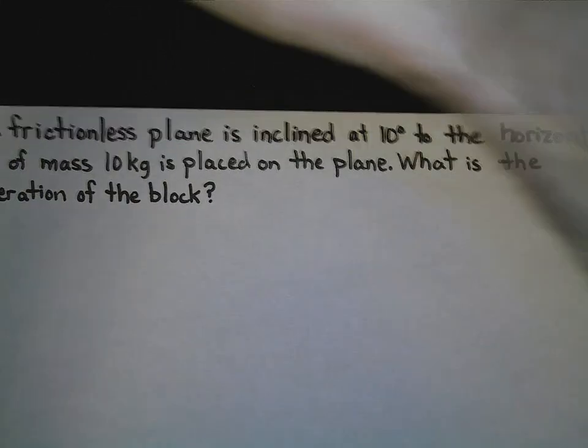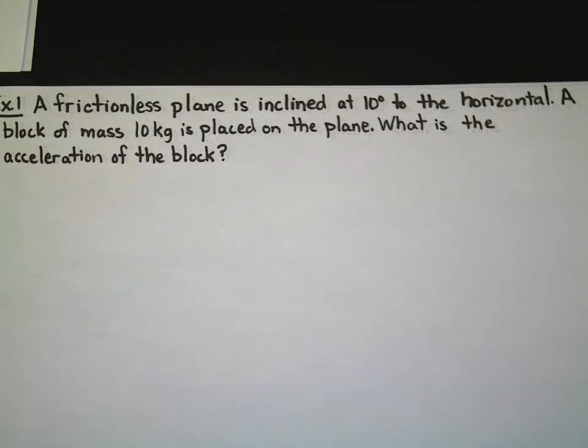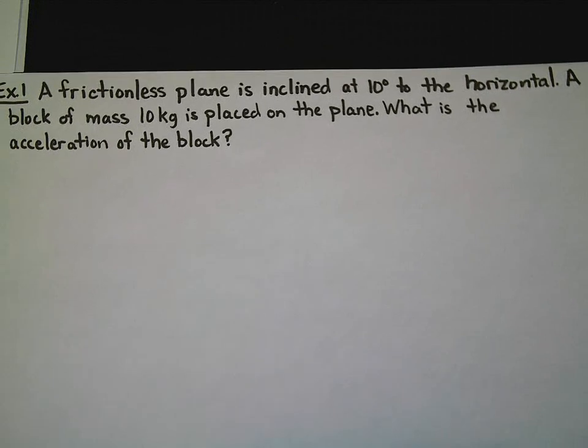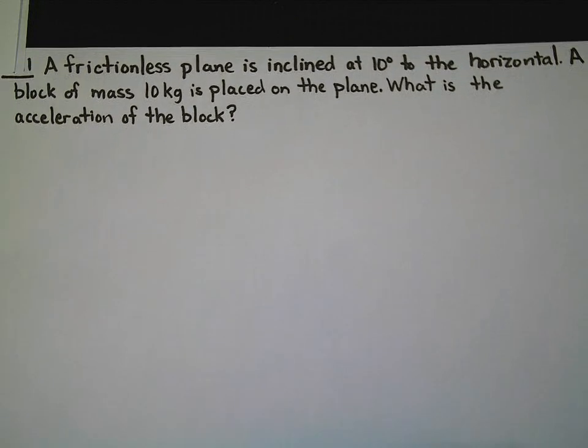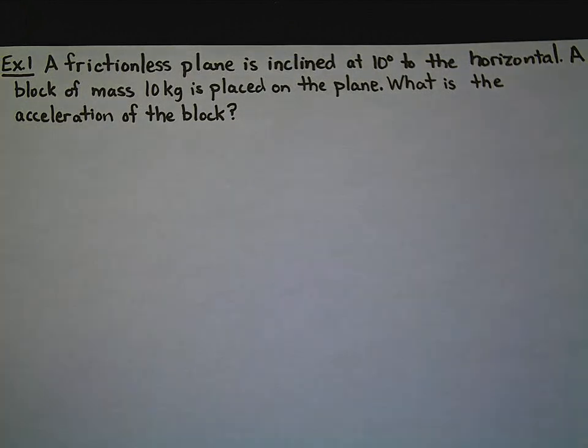Messing around with my document camera. We have a frictionless plane inclined at 10 degrees to the horizontal, and a block of mass 10 kilograms is placed on the plane. We must determine what the acceleration of the block is. So let us picture this on an inclined plane.